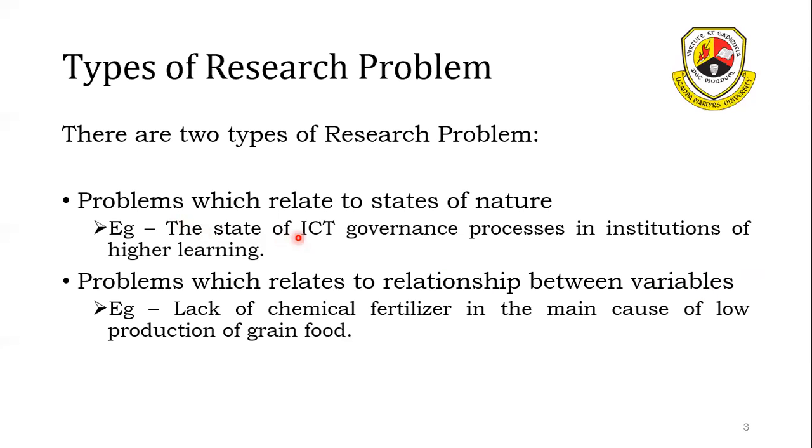Whenever we have a research problem that is referring to the state of something, where we want to understand it, explore it, describe it, that one is leaning towards qualitative research. So far, are we making sense? Yes. Okay, thank you.